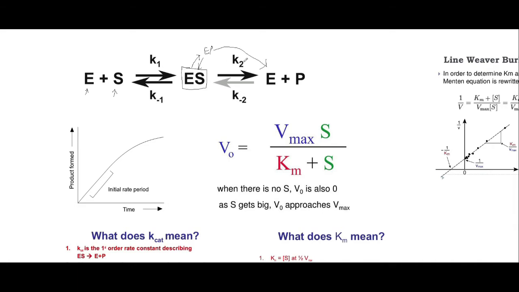And so this K2 is the rate at which the catalysis occurs when we have our substrate bound to the enzyme. And you can also have it where enzyme and product come together, and then you actually catalyze it in reverse to form the enzyme and substrate. And so, I mean, that can happen.